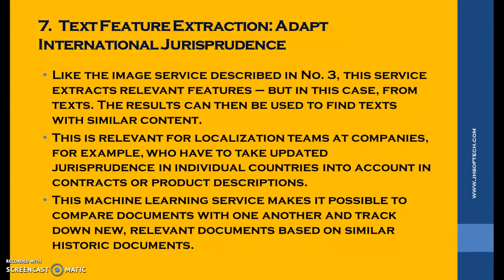So this is relevant for localization teams at companies, for example, who have to take updated jurisprudence in individual countries into account in contracts or product descriptions. So this machine learning service makes it possible to compare documents with one another and track down new relevant documents based on similar historic documents.